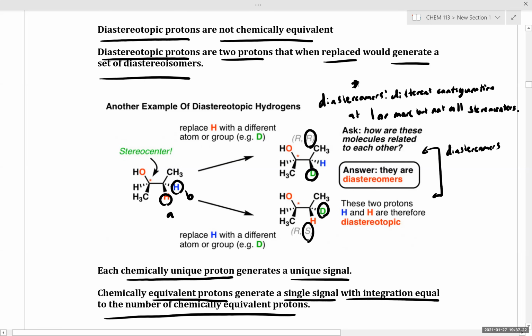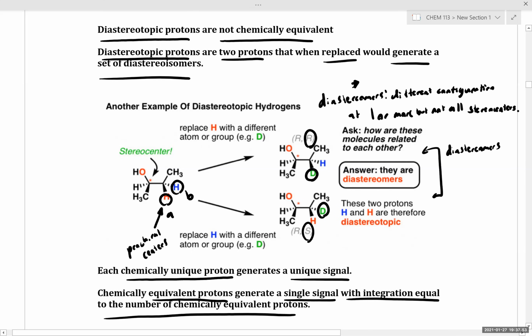So it would be necessary for there to be at least 2 stereocenters for this case. For diastereotopic, at least one stereocenter and one prochiral center, right? The center with the hydrogens is prochiral. It's not a stereocenter yet, but it can be upon replacement. Yeah, so generally diastereotopic hydrogens appear at prochiral centers.